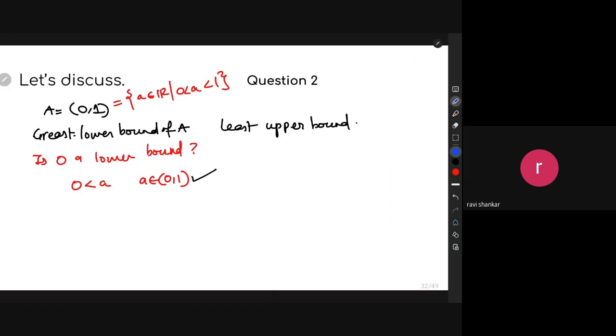In order to prove it, you need to say that there is no lower bound which is larger than this lower bound. Then it will be the greatest lower bound. So you need to prove that there is no lower bound of A larger than 0.